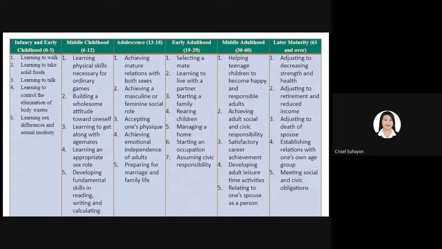You may also see versions that are very specific under each stage. And then in adolescence, 13 to 18 years old, number one, we have achieving mature relations with both sexes, achieving a masculine or feminine role, accepting one's physique, achieving emotional independence of adults, preparing for marriage and family life, preparing for an economic career, acquiring values and an ethical system to guide behavior, desiring and achieving socially responsible behavior.